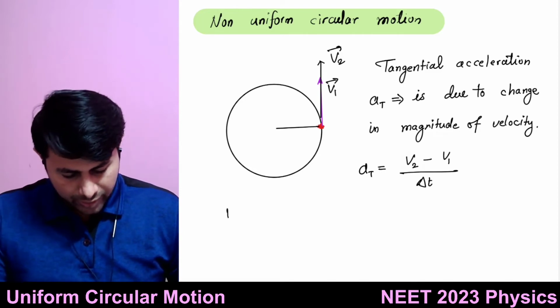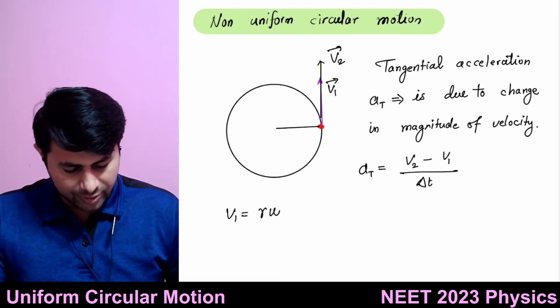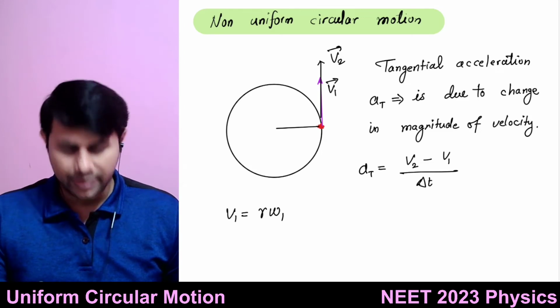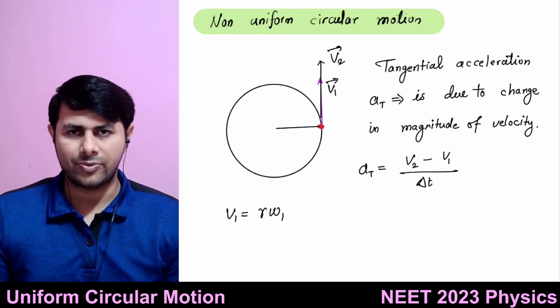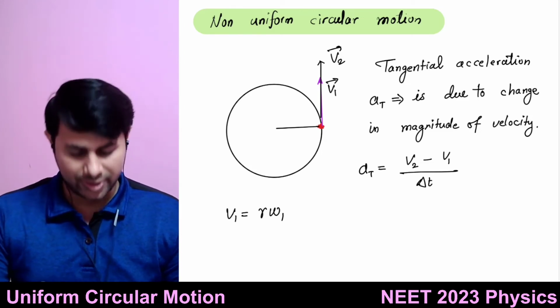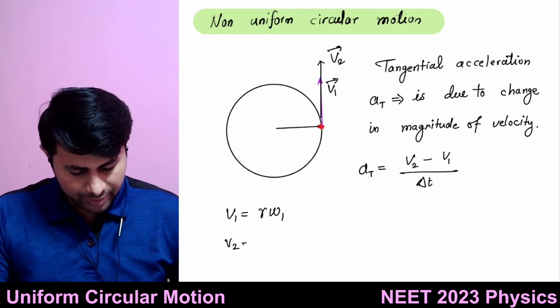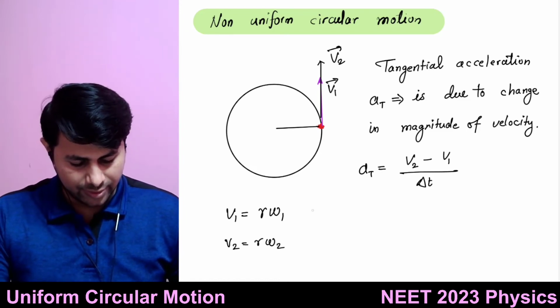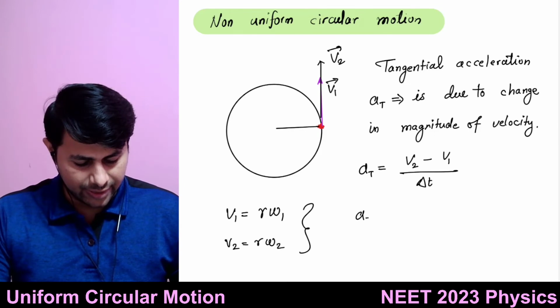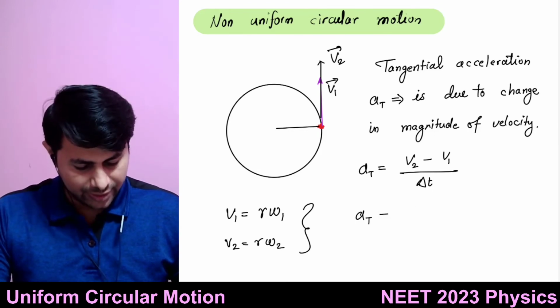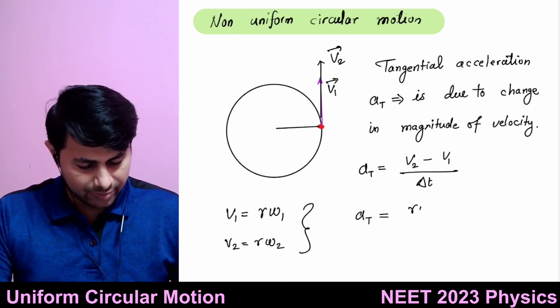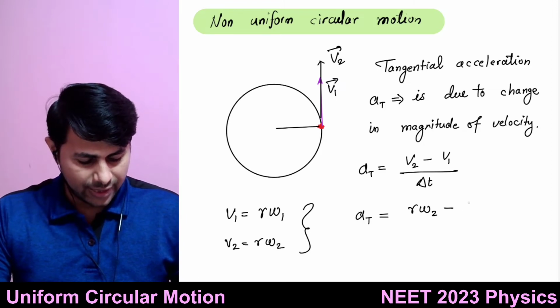So v1 can be written as r times omega 1. The speed can always be written as r multiplied by angular velocity, and v2 can be written as r multiplied by omega 2. Using this, the tangential acceleration is equal to r times omega 2 minus r times omega 1.